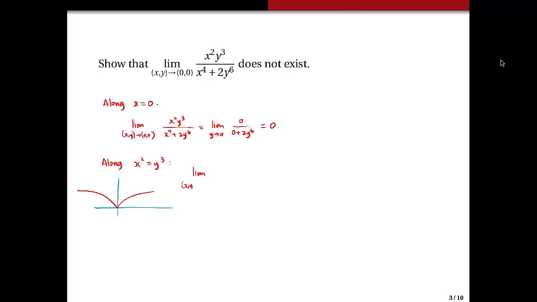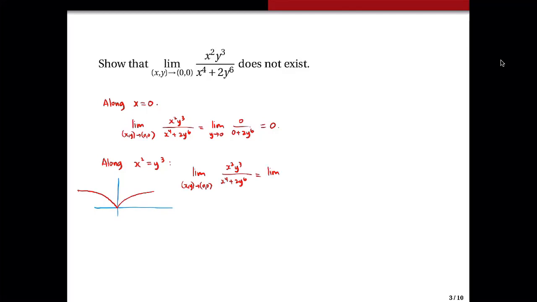The limit as (x, y) goes to (0, 0) of the function x squared y cubed over x to the 4 plus 2y to the 6. And along that path, x squared equals y cubed.